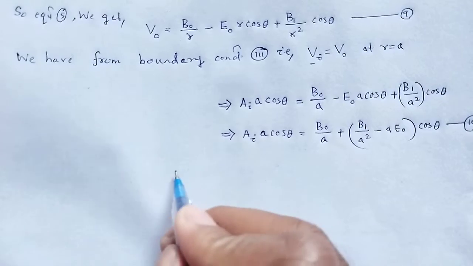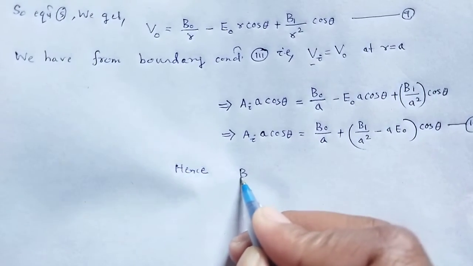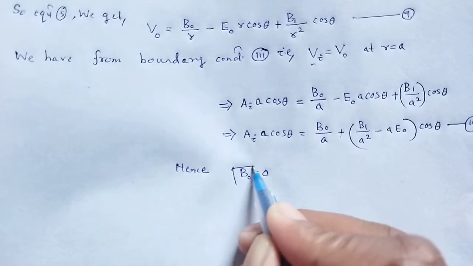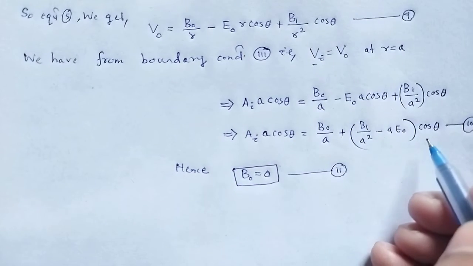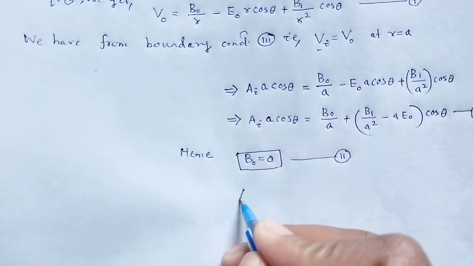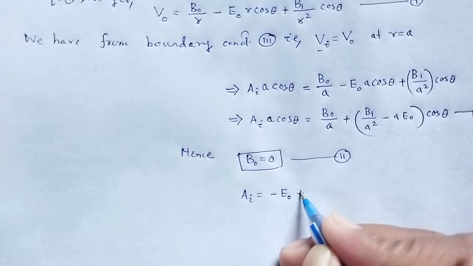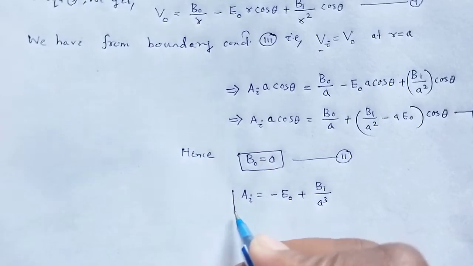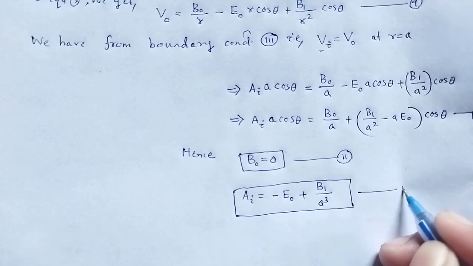Now here the value of B naught we can get, that is 0, comparing two sides, that is equation number 11. And again Ai will be minus E naught plus B1 divided by a cube, equation number 12.